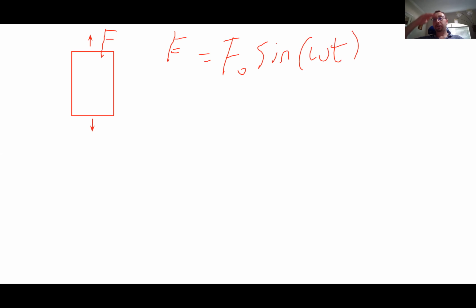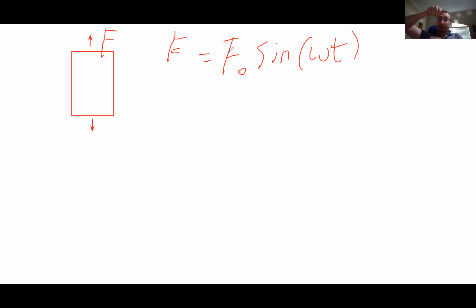So basically, the force is a cyclic load. And let's say the force is not much, but it's slightly lower than the strength of the material. For instance, if I need to apply 100 newtons to break the material, or let's say 200 megapascal of stress to break the material, this F0 is 50 newtons, or it's 100 megapascal. It's less than the strength of the material.